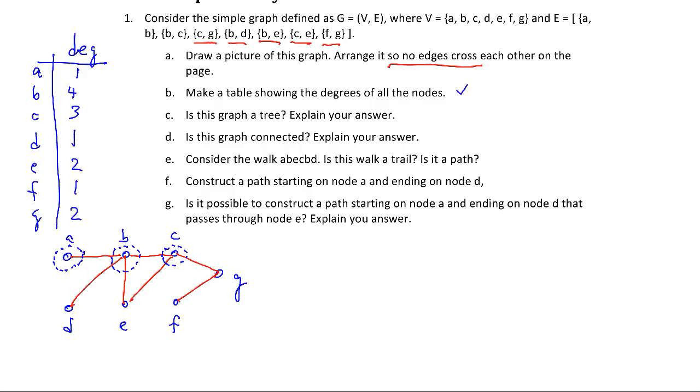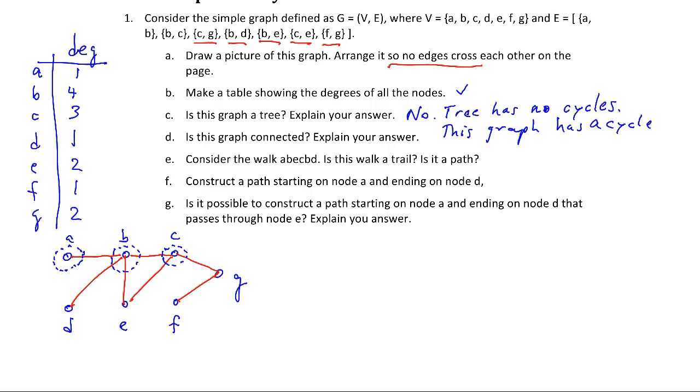Is this graph a tree? The answer is no, because a tree can't have any loops, or we're supposed to call them cycles. And this graph has a single cycle.